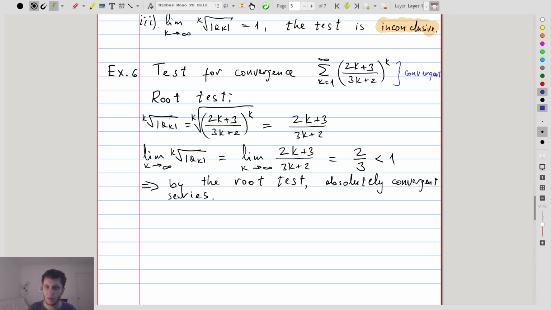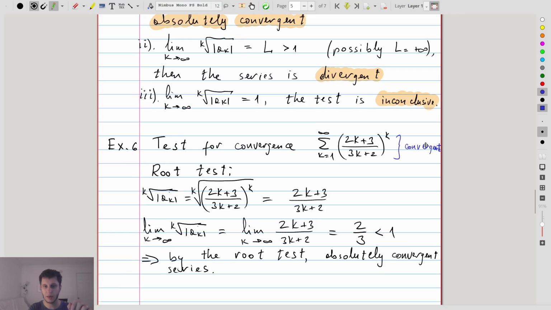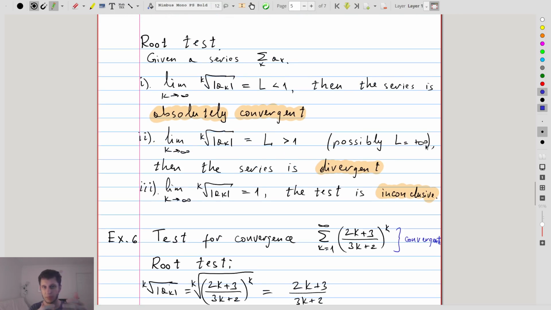So you have seen now the notion of absolute convergence and two tests targeting specifically this type of convergence, the ratio test and the root test. Depending on the specific form of the kth term of your series, you have to choose between these two.